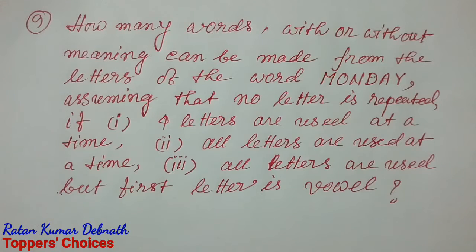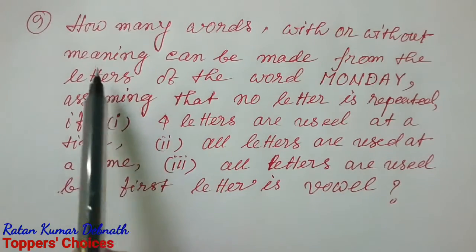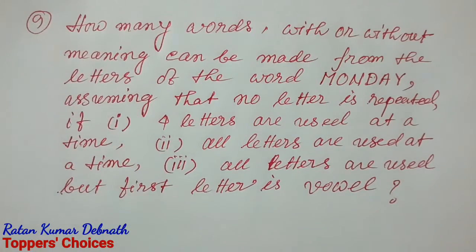Now question number 9. Let us go through the question very carefully. How many words with or without meaning can be made from the letters of the word MONDAY, assuming that no letter is repeated?